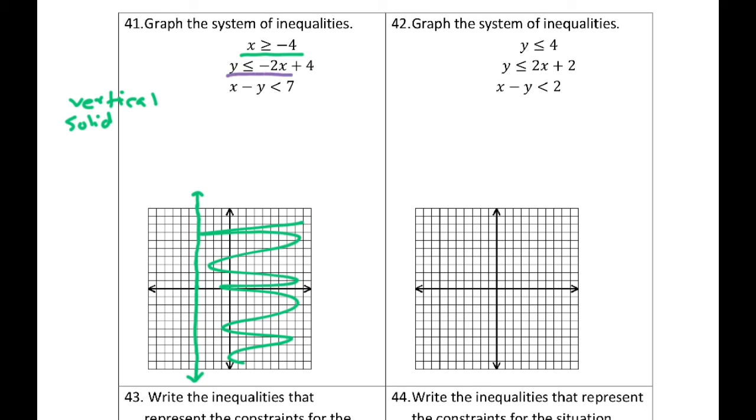My next equation, y is less than or equal to -2x plus 4. The y-intercept is 4 with a slope of -2. So I go to 4 on my axis, and I have a slope of -2. So down 2, right 1.